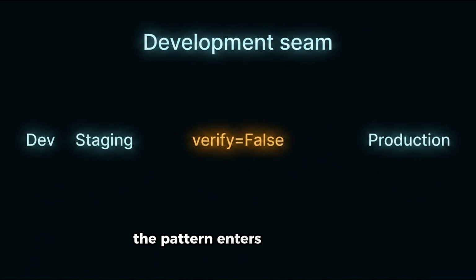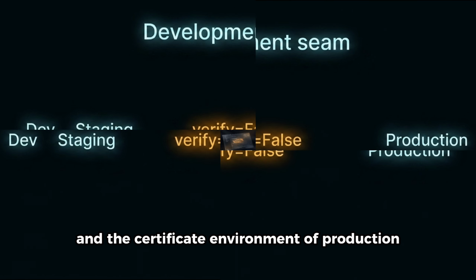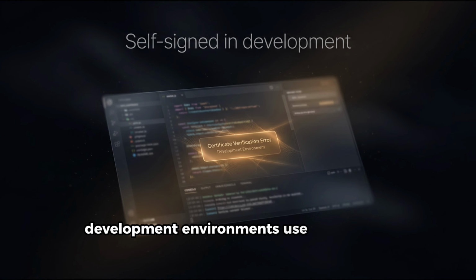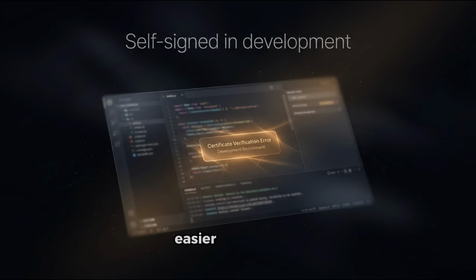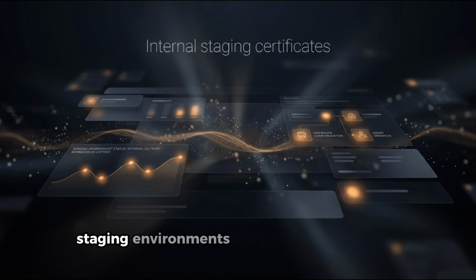The pattern enters codebases at a specific architectural seam, the gap between the certificate environment of development and the certificate environment of production. Development environments use self-signed certificates, easier to generate, requiring no CA involvement. Staging environments use internal certificates not trusted by the system CA store.